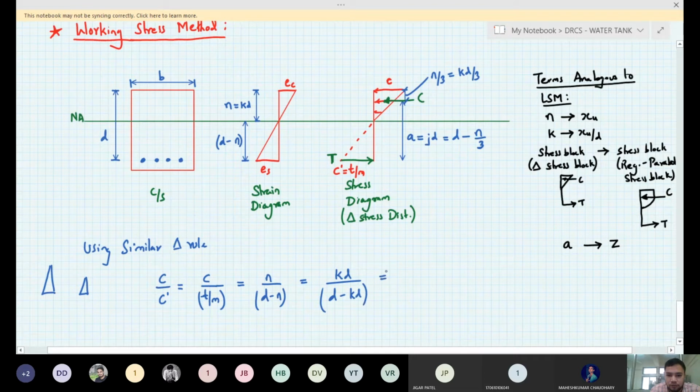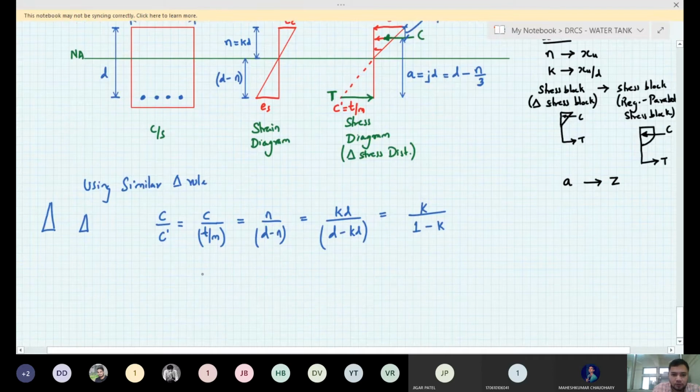Taking D as common, it will be K by 1 minus K. This implies K is equal to MC, comparing this with this one, in terms of K it will be MC upon MC plus T.